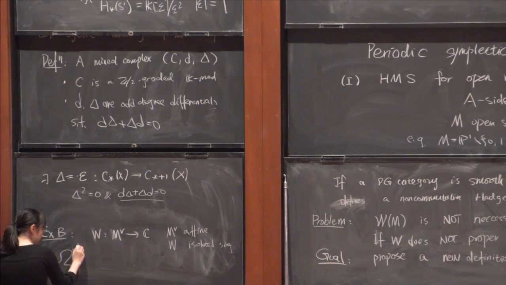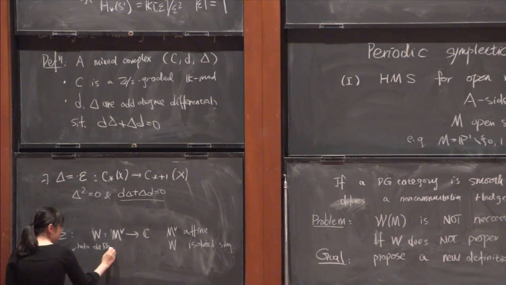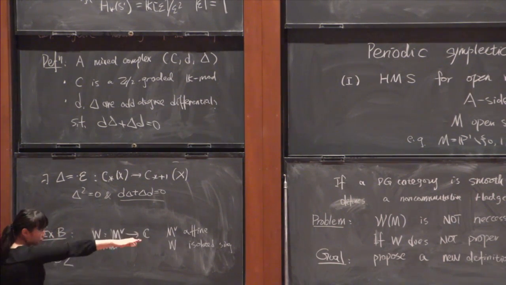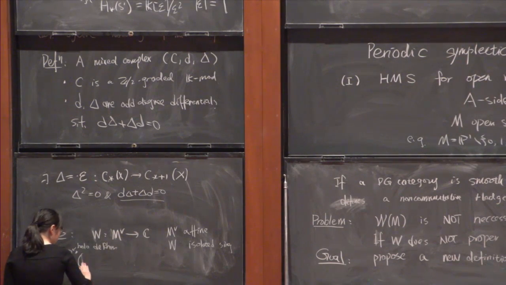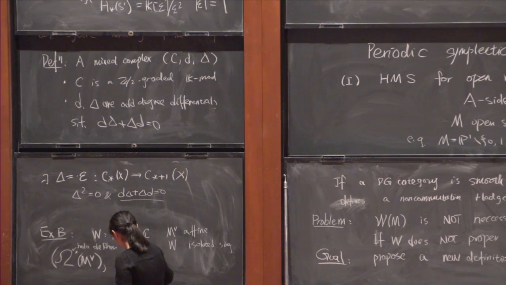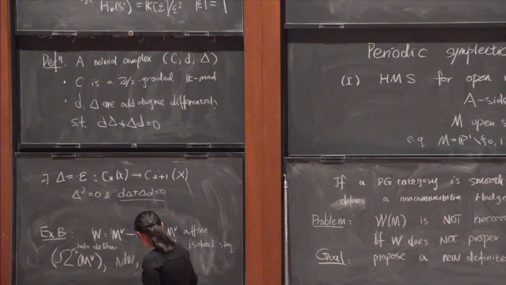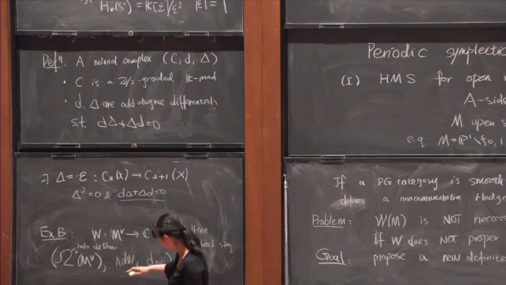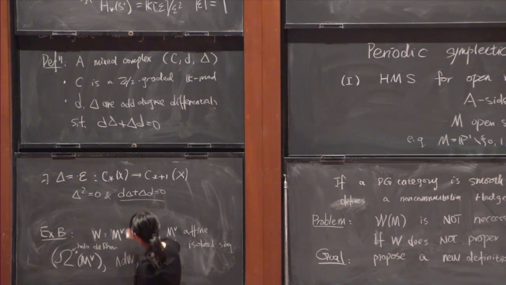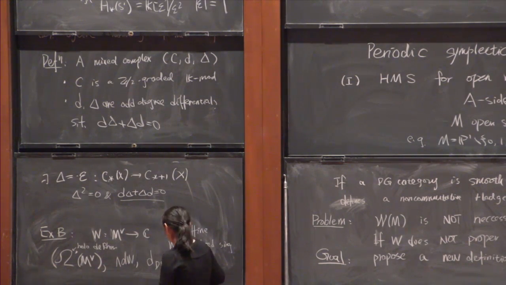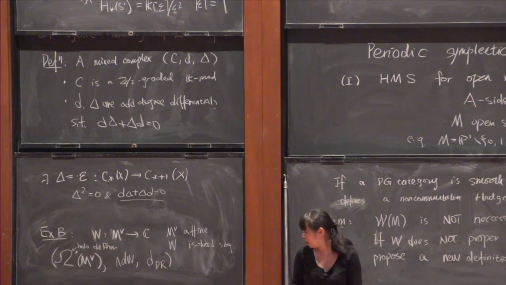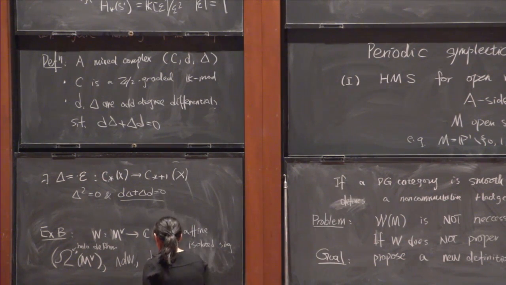Then you can look at the holomorphic de Rham complex, the same complex we're looking at over there. If I define the first differential to be wedge with dW, and the second one being the usual exterior derivative, you can check this satisfies the condition, which is exactly the model you're using here. Okay.